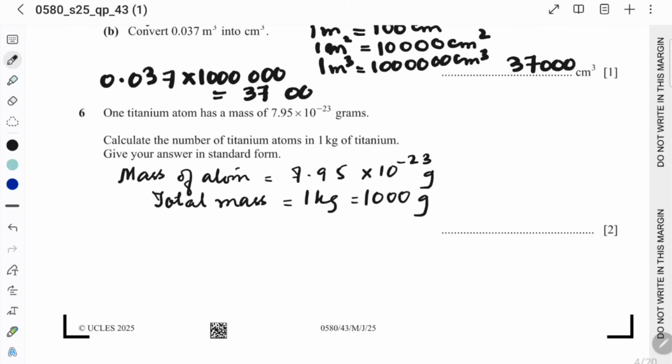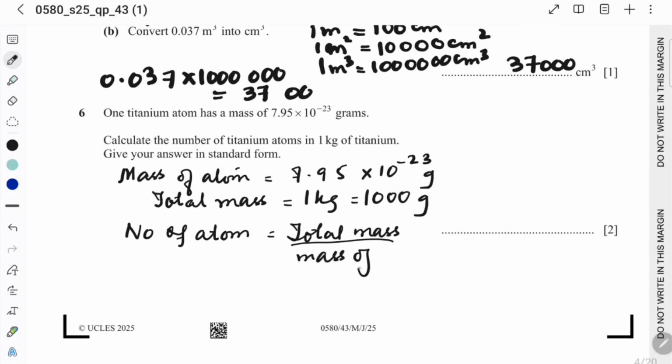They're asking how many atoms we can make from 1000 grams of titanium if each atom has a mass of 7.95 times 10 to the power minus 23 grams. So the number of atoms is the total mass divided by the mass of each atom.